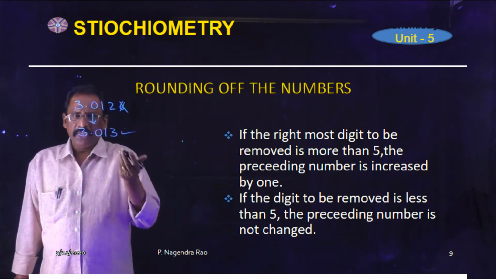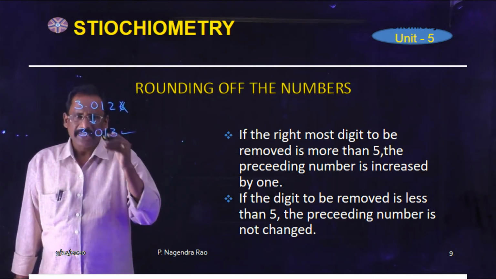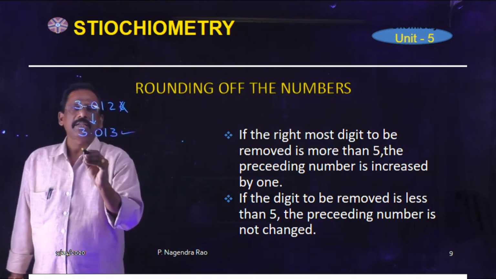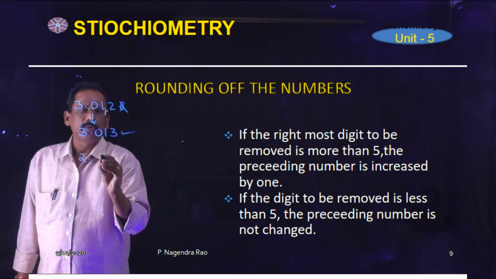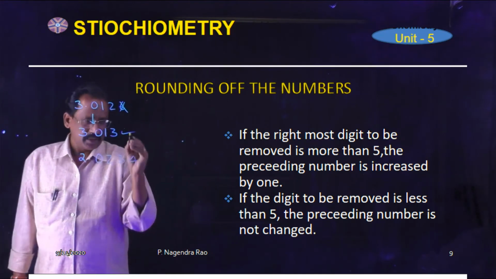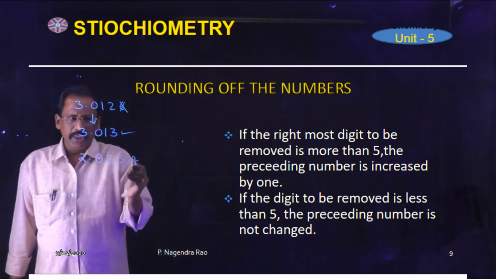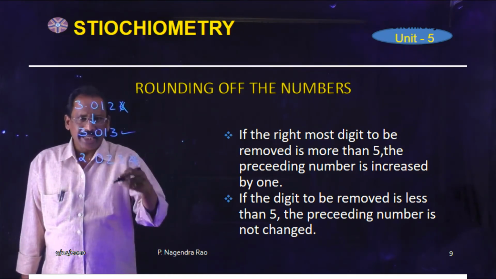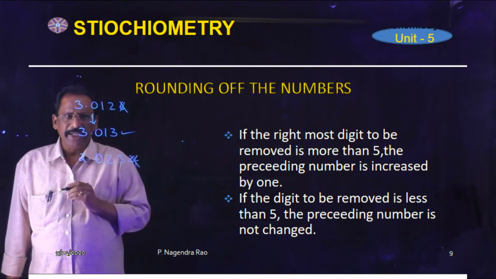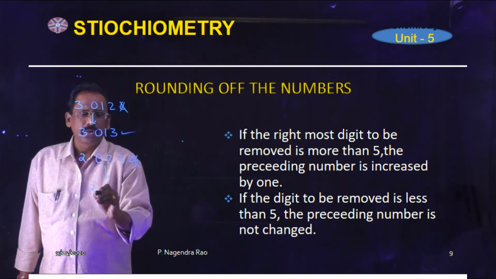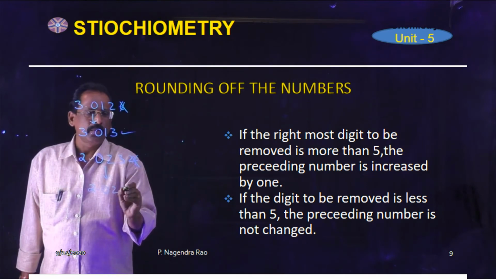If the digit is less than 5, the preceding number is not changed. For example, if this is the value 2.0234, and you want to remove the last digit 4, here it is less than 5, so the preceding number is not changed. So the final answer for this value is 2.023.